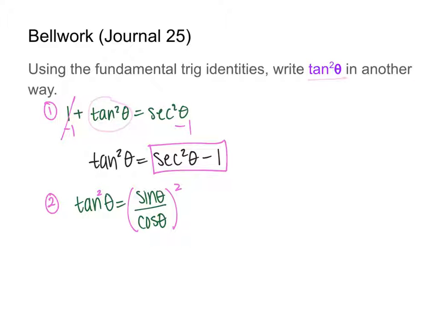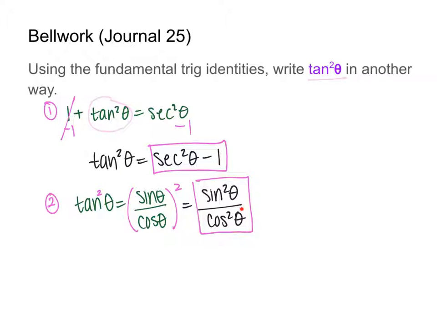And we've learned that if you square a fraction, you square the top and the bottom. So this would be sine squared over cosine squared, which is also equal to tangent squared. So you can replace tangent this way, or you can replace tangent this way.